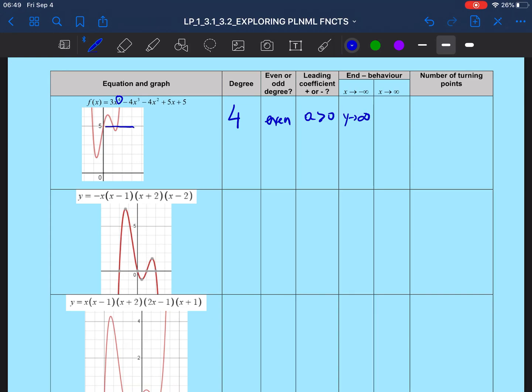As x approaches positive infinity, the y values are approaching positive infinity. And in this case, when it comes to turning points, we're going to say we have 3 turning points.